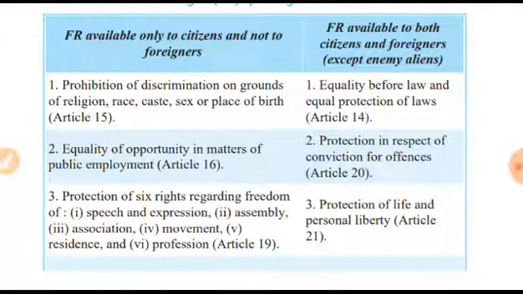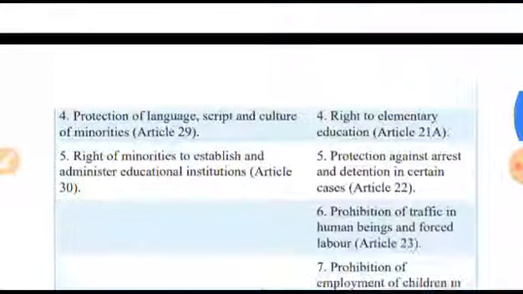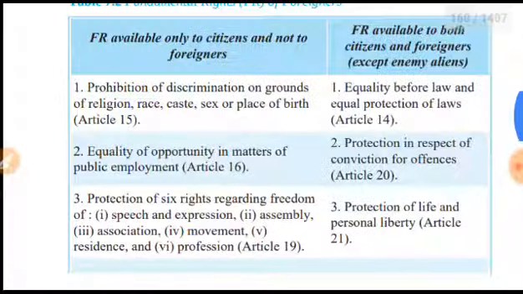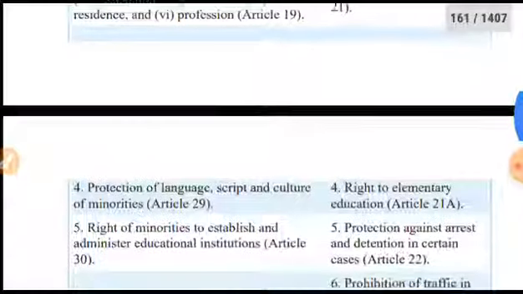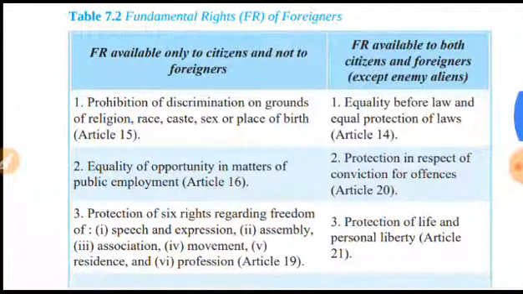First, we discuss what comes under rights only for citizens, not for foreigners. Articles 15, 16, 19, 29 and 30 come under this. All of these are only for citizens, not for foreigners.